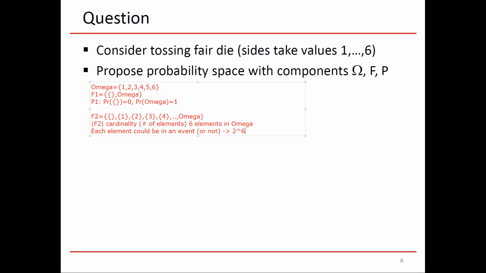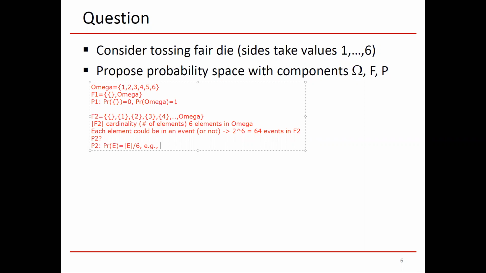Therefore, there are 2 to the power of 6, which is 64 events in F2. What about probability 2? For the second field F, we want a second probability function. It's natural that P2 assigns to event E the number of elements, the cardinality of the event E, divided by 6.